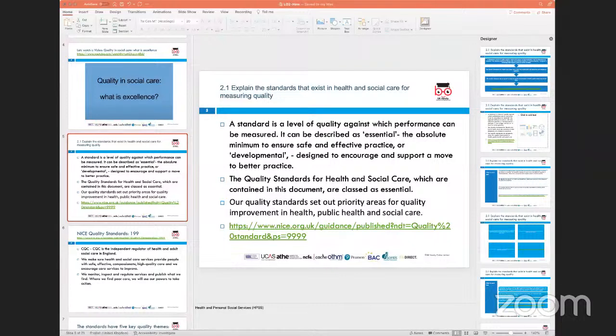And the standards are set by key regulatory bodies like the Care Quality Commission, NICE, the National Institute for Health and Care Excellence. We look at the King's Fund, we look at Sky, which is where I've used the video from.